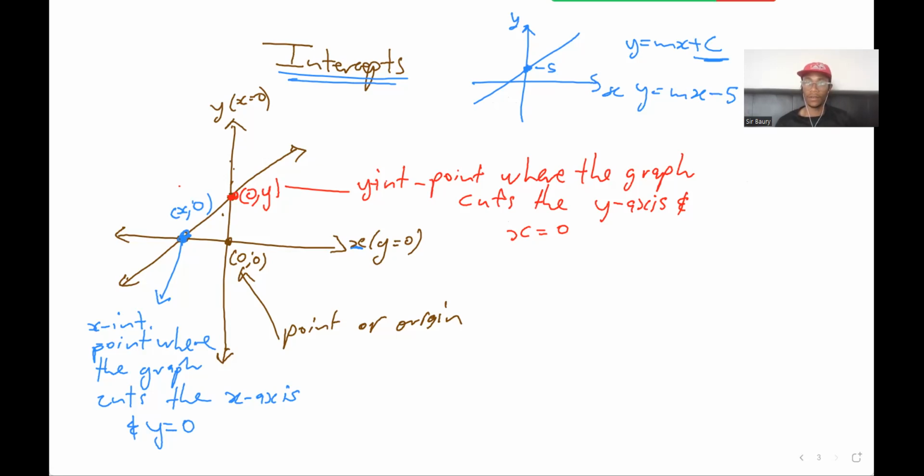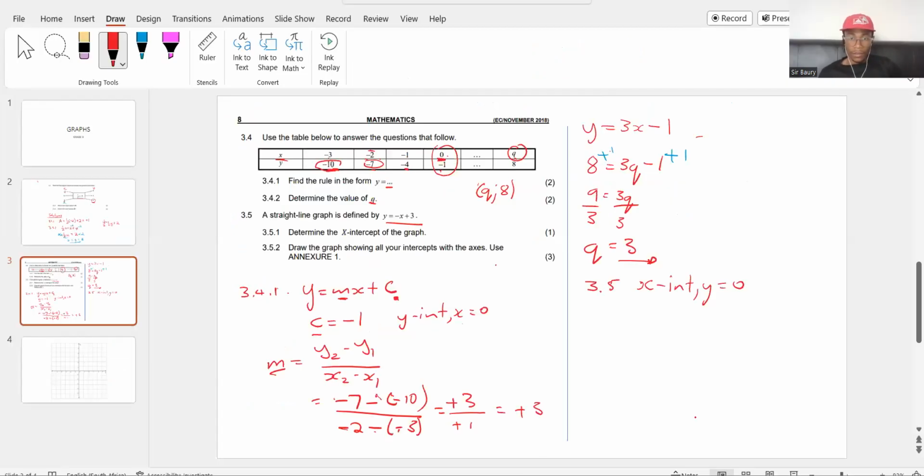Now, getting back to the equation. For the x-intercept, y is equal to 0. So where I see y, I'm going to put 0. The equation is y equals negative x plus 3, so 0 is equal to negative x plus 3.